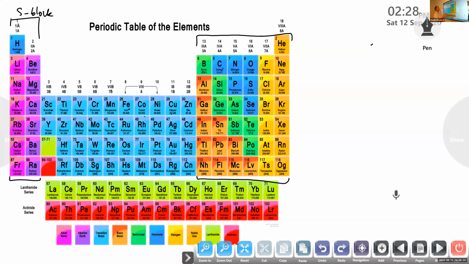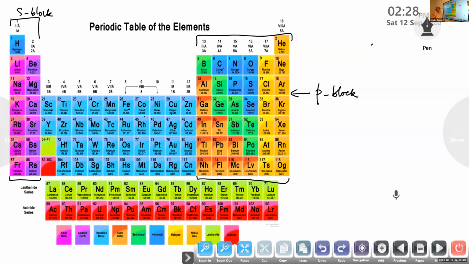And therefore, these are called the P block elements. In the S block, when we write the electronic configuration, the last electron enters an S level.